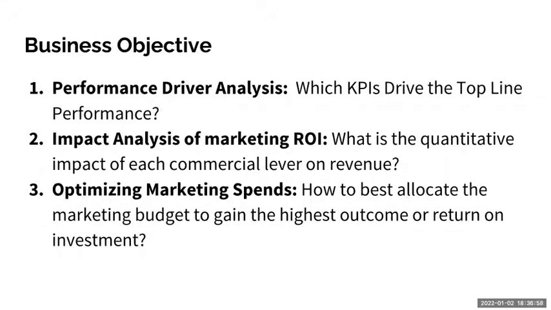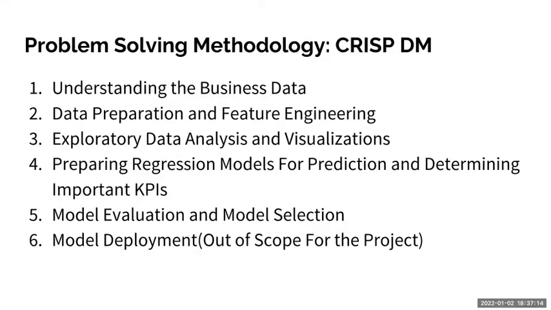Of course, as a machine learning engineer, we will be looking into metrics like R square and mean square error, but on the business front, what we need to know is which levers are impacting our revenue and sales. That would be the key step here. We use the CRISP-DM framework, a standard process for any machine learning project.